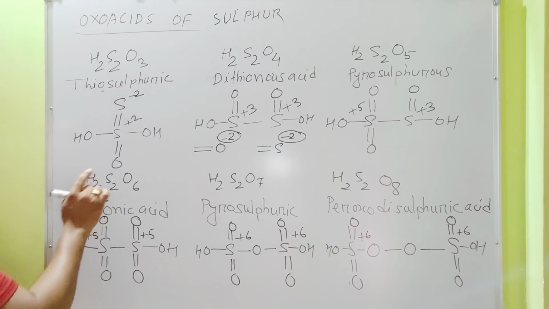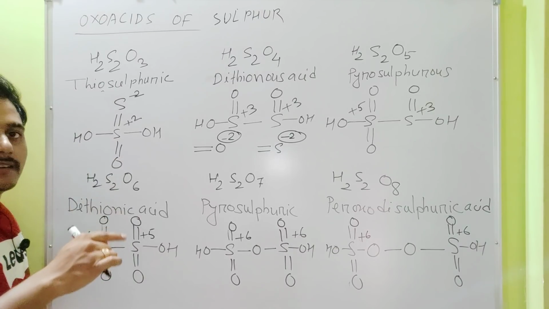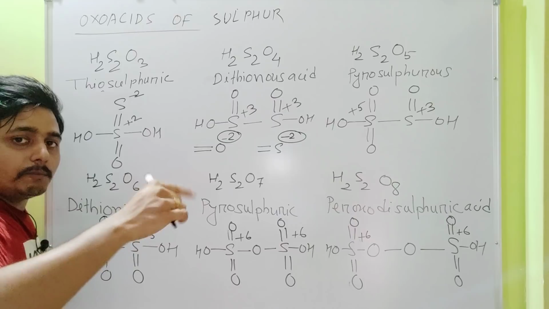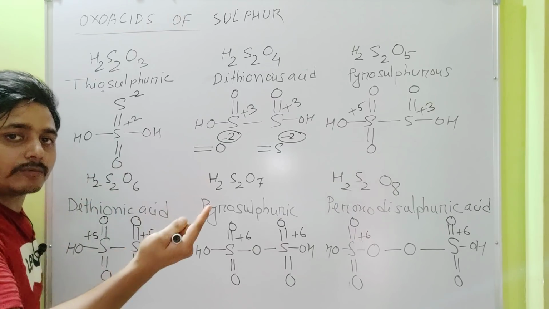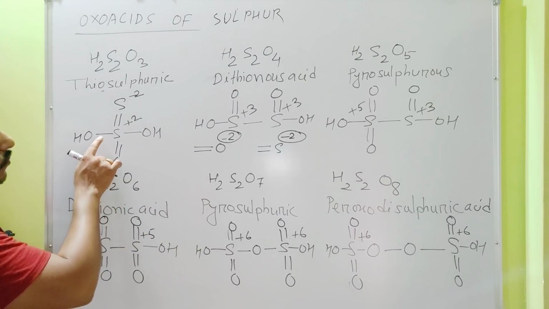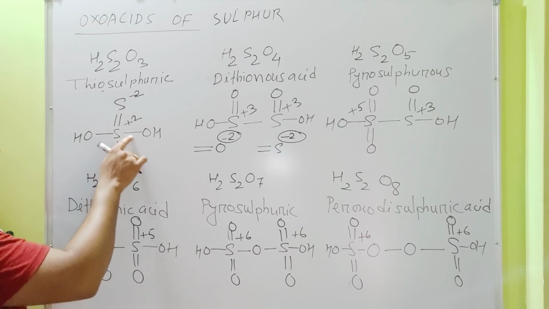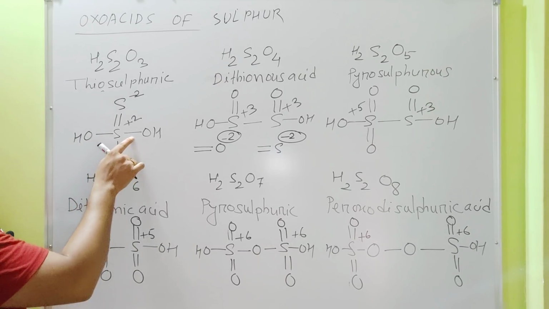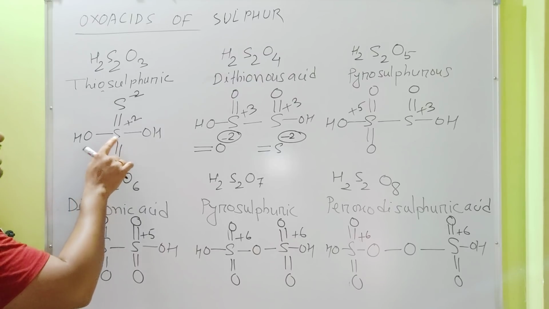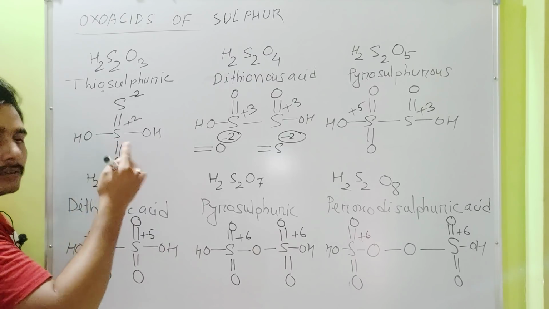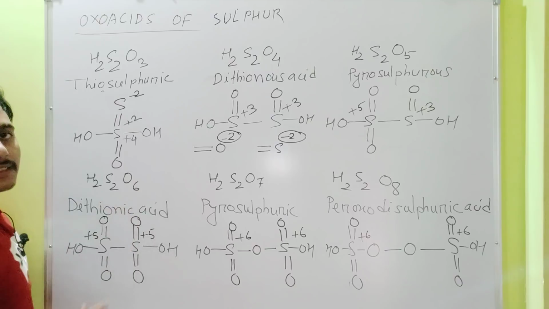Okay. Next, this sulfur is forming another 4 bonds with more electronegative oxygen atoms. So for these 4 bonds with oxygen, this sulfur gets more +4 oxidation state.